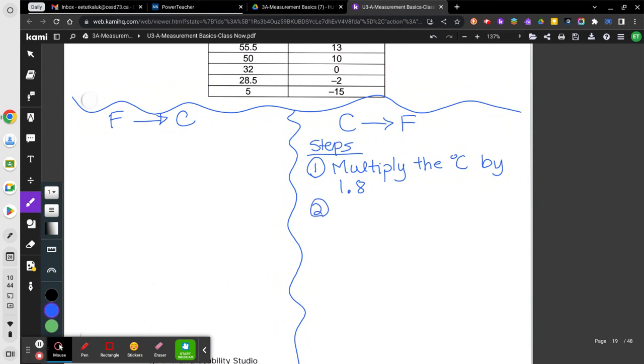Step 2, add 32. And that equals degrees Fahrenheit. Okay, only 2 steps to go to degrees Fahrenheit. And we will do a couple examples.